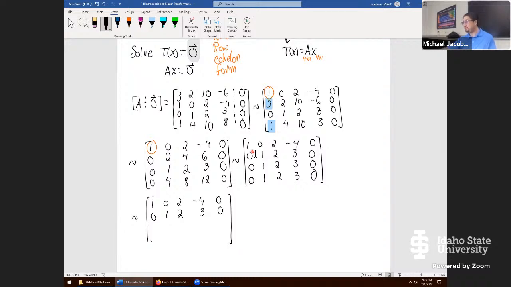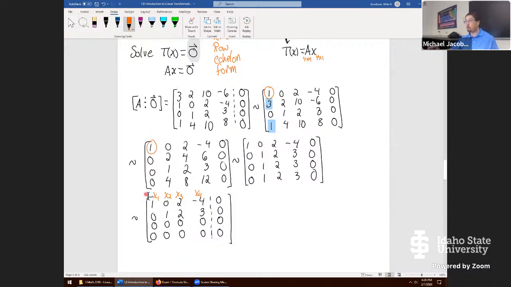In a large extent, linear algebra is the pursuit of zeros in your matrix. So this is looking really nice. 0, 0, 0, 0, 0, and then another 0 row. We augmented right here. And let's bring in the variables. They are x1 through x4. But not all variables are created equal.